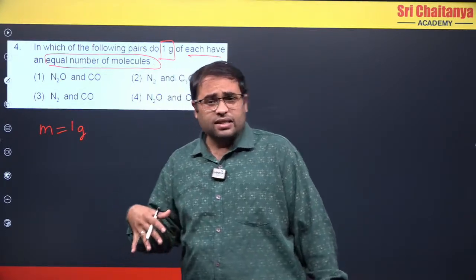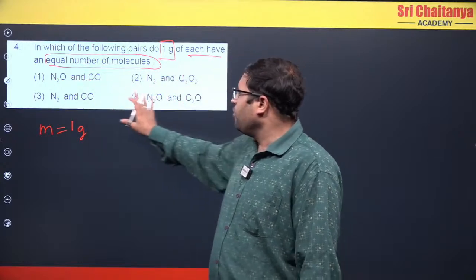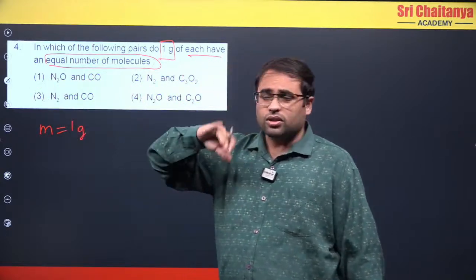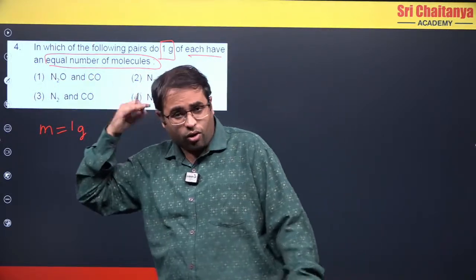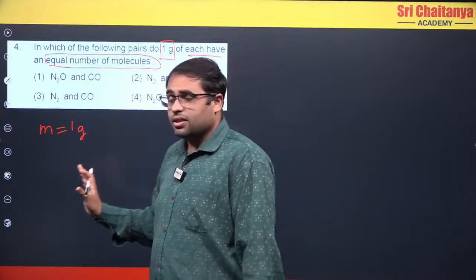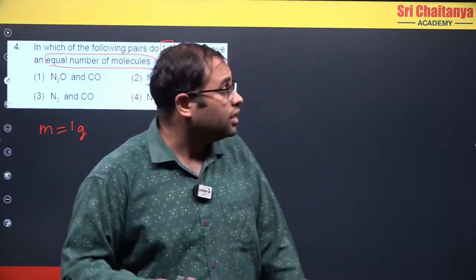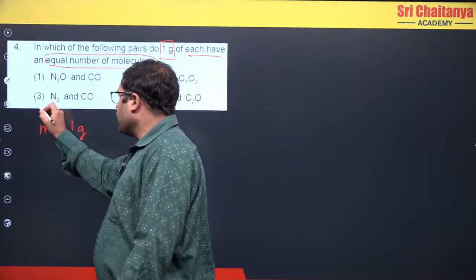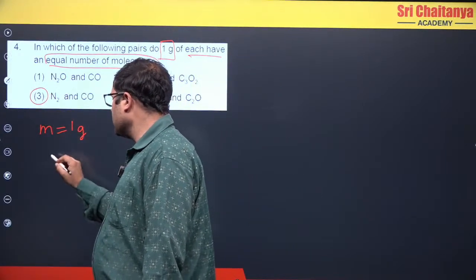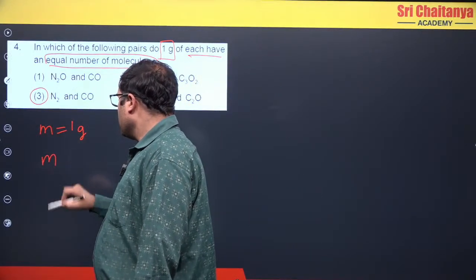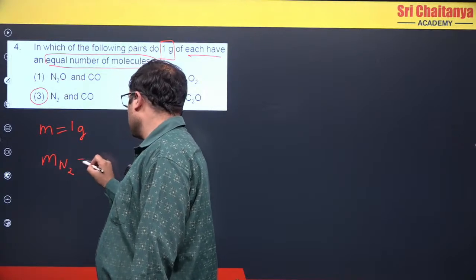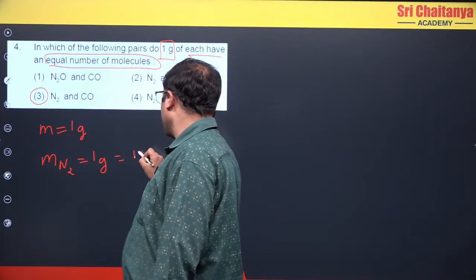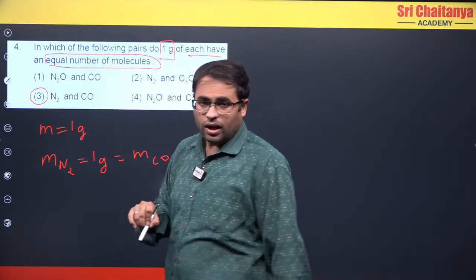Because the time is less, I'll do it directly, since I can clearly see from my knowledge which can be the correct answer, and the same you can apply everywhere else. So if I analyze the third option, the mass of nitrogen is given as 1 gram, which equals the mass of CO.